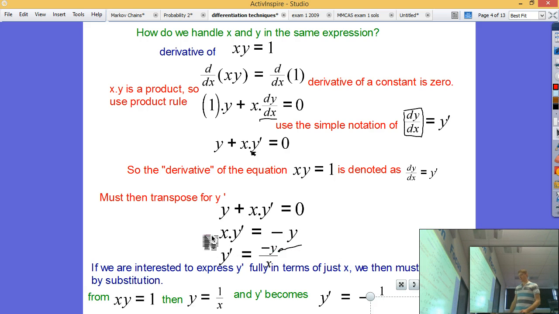So you can see from the original rule at the start, x times y is equal to 1. Then I can transpose that a little bit, rearrange it. y will equal 1 on x, and I can substitute that in, and I'll get my final expression. y dash is equal to negative 1 on x squared for the derivative. Okay?